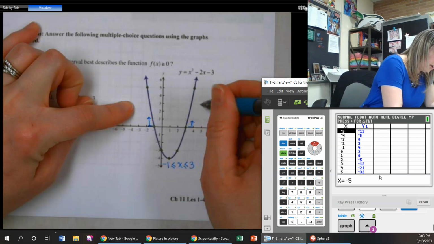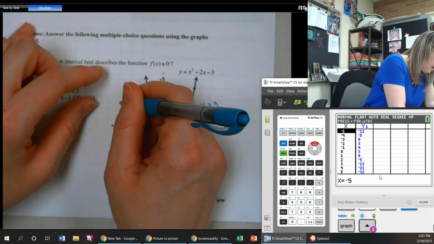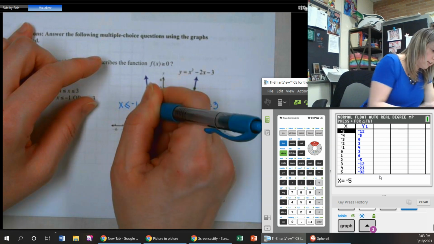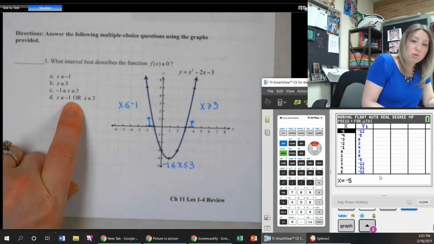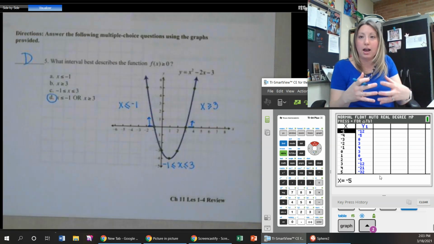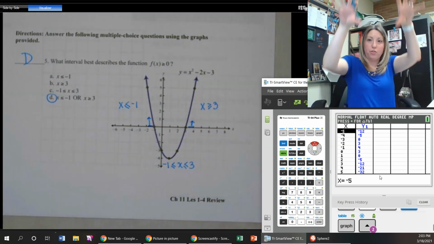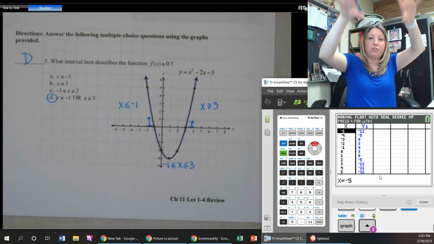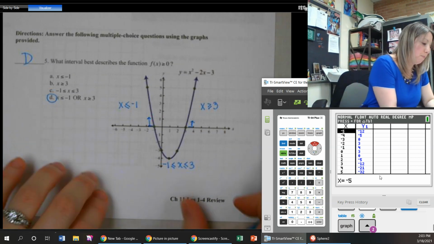But this side is x values greater than or equal to 3. And this side is x values less than or equal to negative 1. So we want an "or" situation here when our parabola is actually greater than 0. So all those x and matching y points are greater than 0.